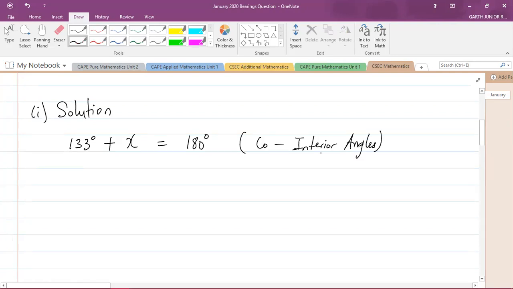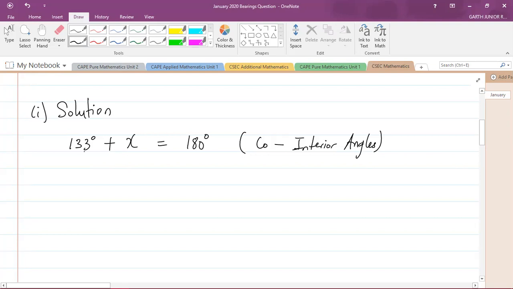You'd have met these types of angles in lower school and revisited them in upper school.